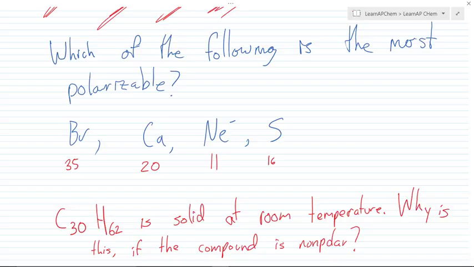Okay, so we want to think about C30H62. We're saying it's solid at room temperature, and I'm trying to get at why is this the case if the compound is nonpolar?